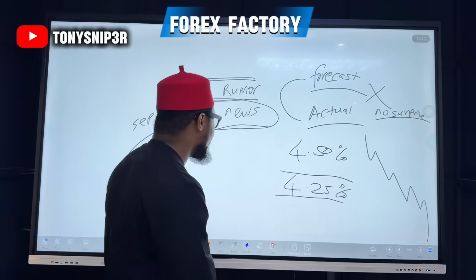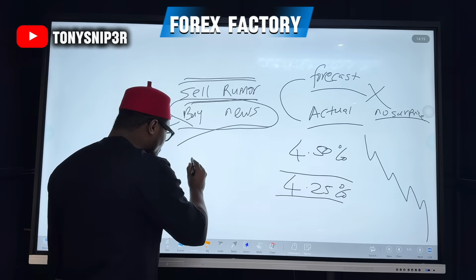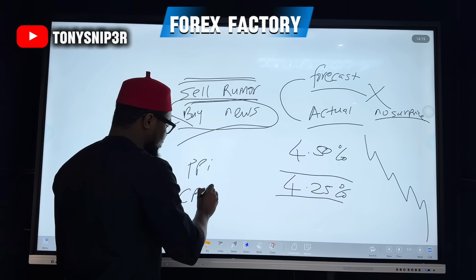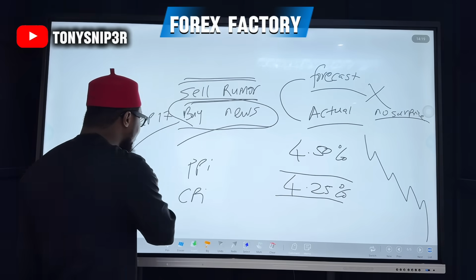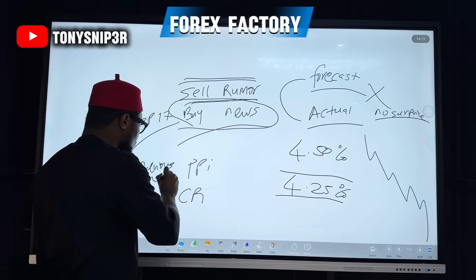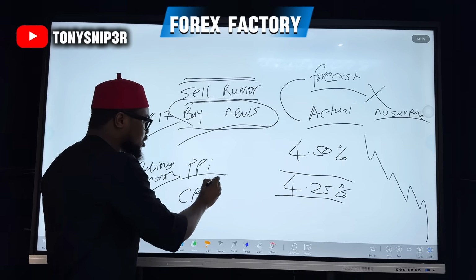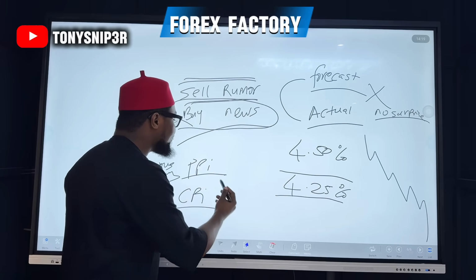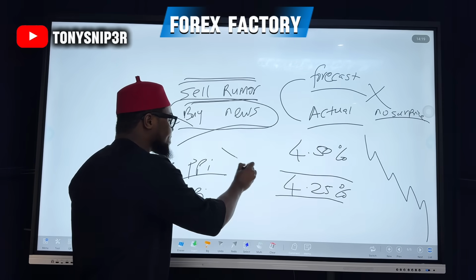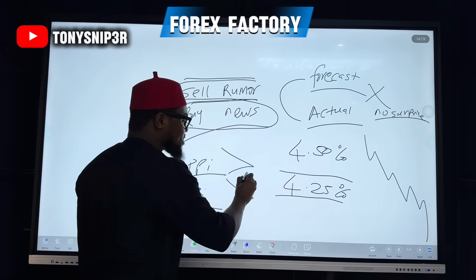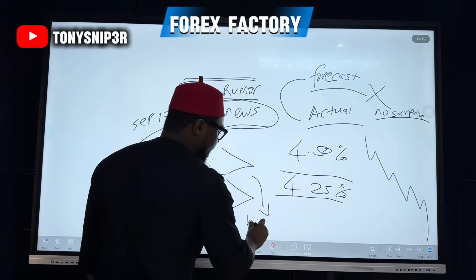Also remember, when it comes to PPI and CPI, right? You use the previous month's PPI to judge the current month's CPI. Now, if the previous month's PPI is increasing and the current month's CPI also increases, automatically there's what? There's high inflation.